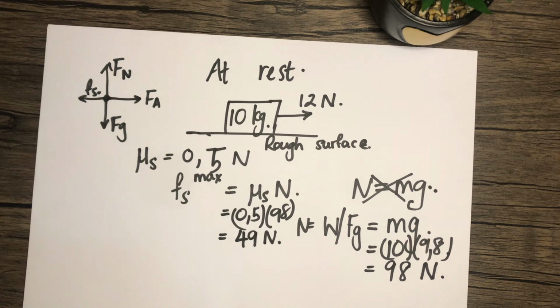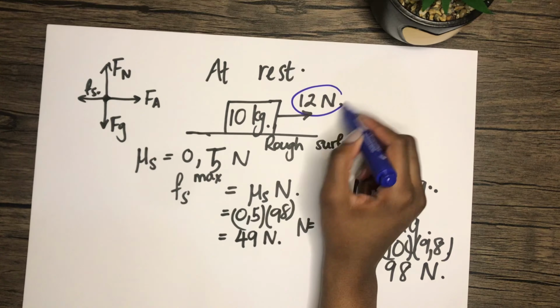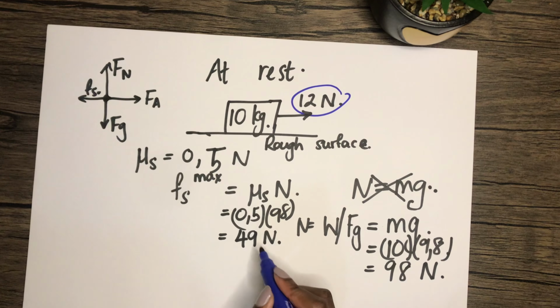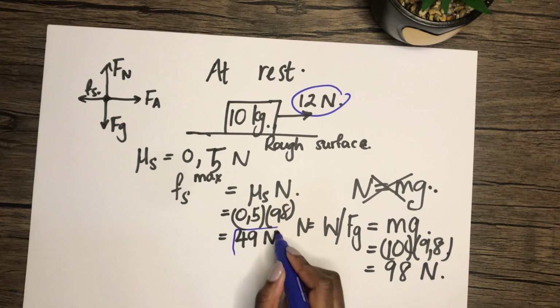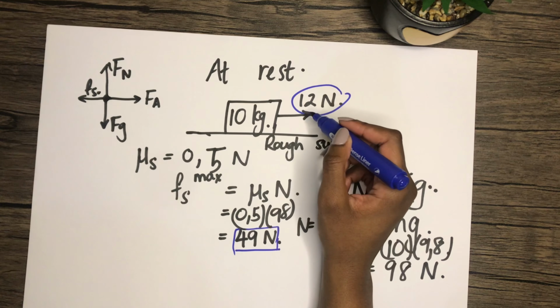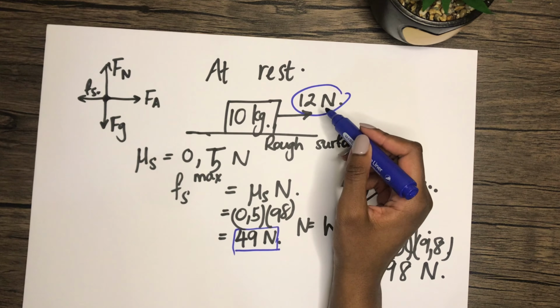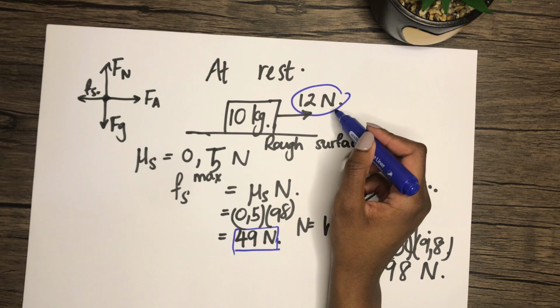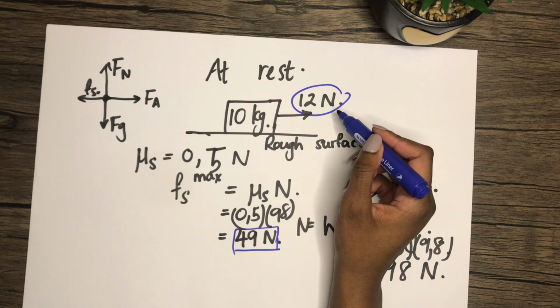So obviously when you're applying a force of 12 newtons, it's much less than the 49 newtons that you need to overcome to get this object to start moving, which means the force of 12 newtons that is applied is not enough to get the object to be in motion.